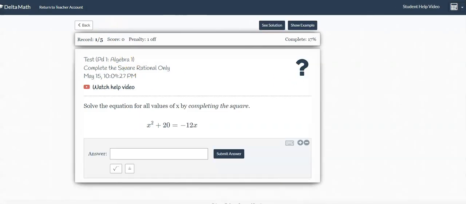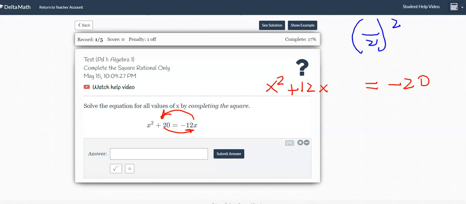All right, let's solve another one by setting this up properly. So I want an x on the left and a constant on the right. So I get x squared plus 12x equals negative 20. So when I do half of b squared, I've got to go find b. b is 12.